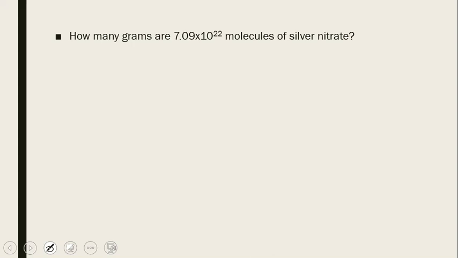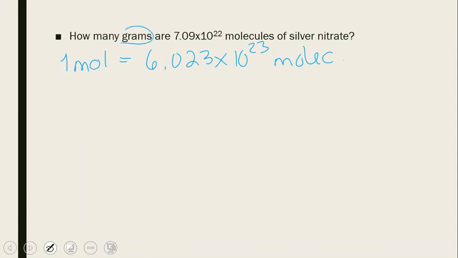A little bit complicated. Grams to molecules. Okay, let's remember. In the first exercises, we saw that a mole has 6.023 times 10 to the 23rd molecules, but I have grams and molecules.